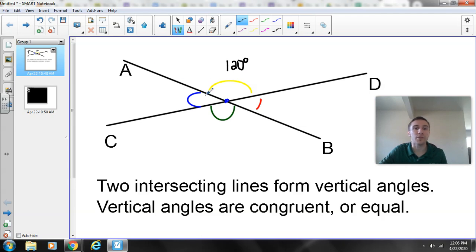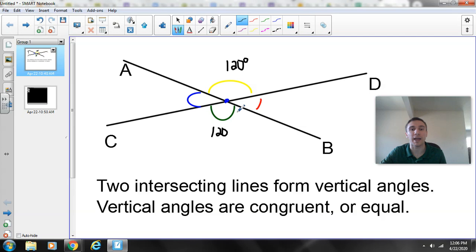Well, since this is line AB and this is line CD, I don't have to work my way all around and use the rule of 180 for the amount of degrees that are on a line. What I can do is immediately find this missing angle over here, okay? I can find out that this angle is also 120 degrees because they're angles that are across from one another where two lines meet, rather.